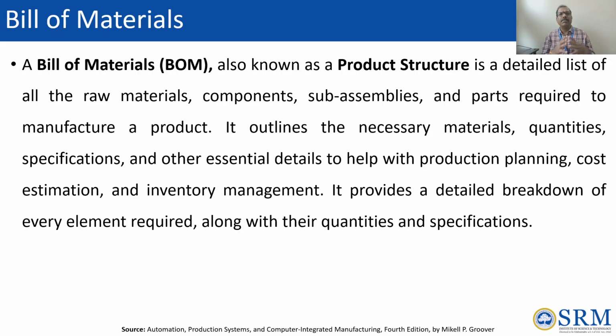Similarly, the bill of material is a bigger concept under process planning and cost estimation. A bill of material, also known as product structure, is a detailed list of all the raw materials, components, sub-assemblies, and parts required to manufacture a particular product.